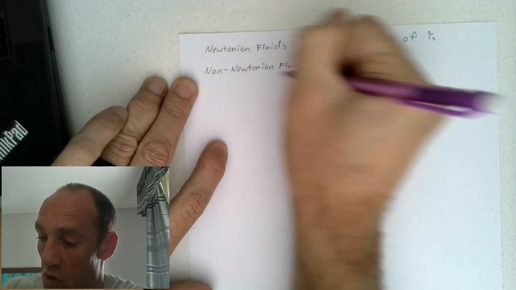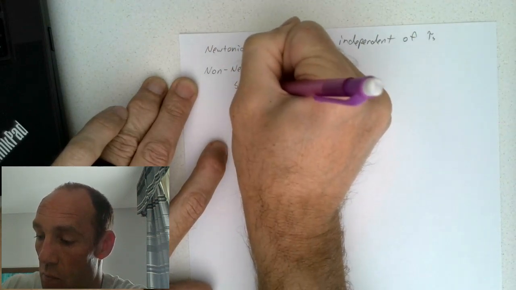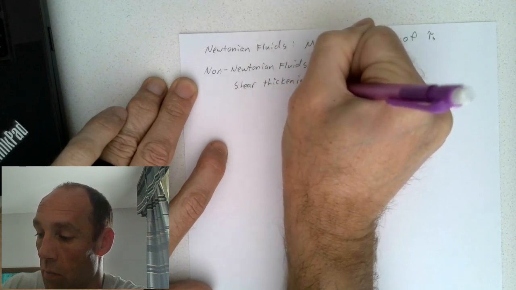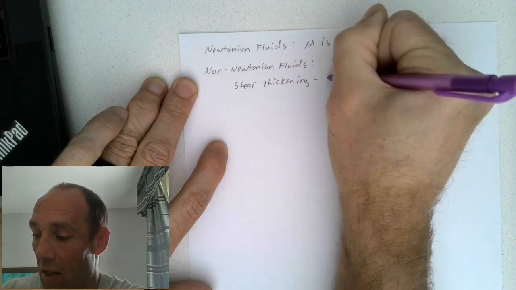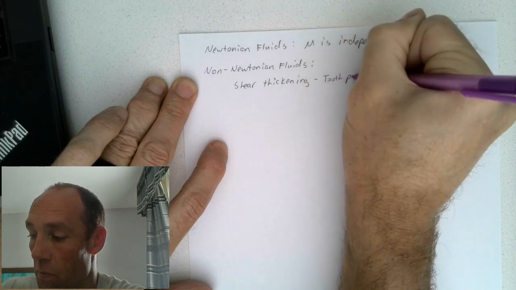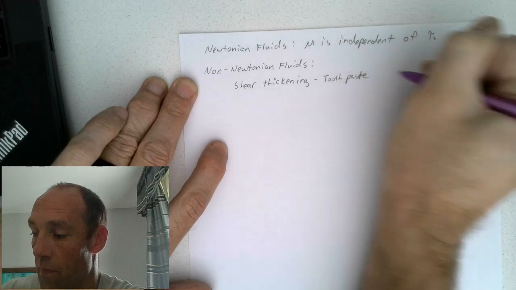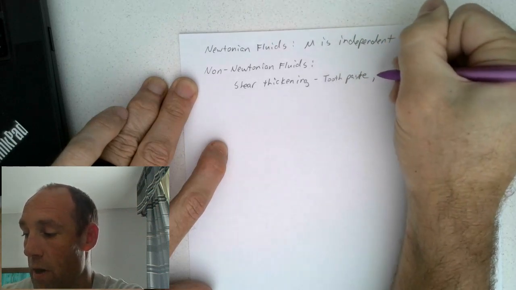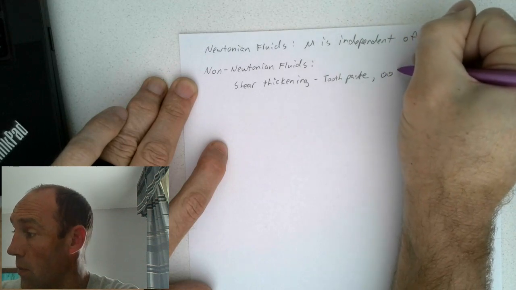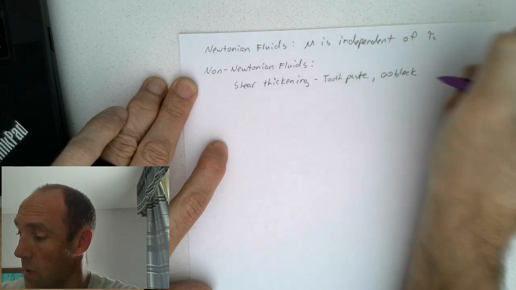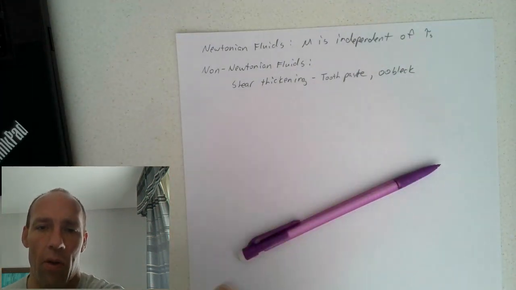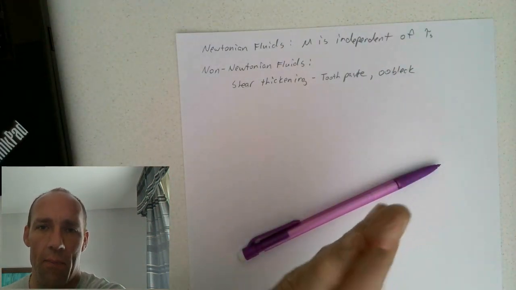So you have shear thickening, and these would be things like toothpaste, oobleck, stuff like that, where essentially, if I apply a shear force to it, it becomes thicker.